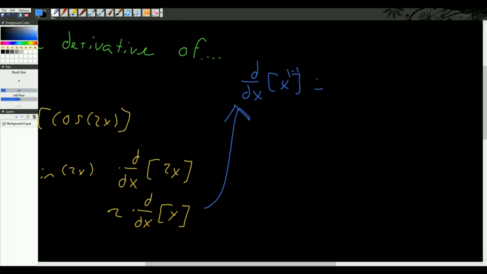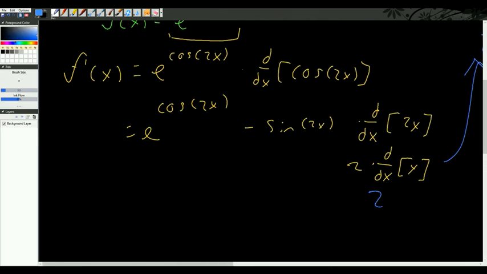So you'd end up getting 1 times x to the power of 1 minus 1. So that's 1 times x to the 0th, or just 1. So, of course, we have 2, and then the derivative of x, which we just figured out is 1. So 2 times 1 is 2.